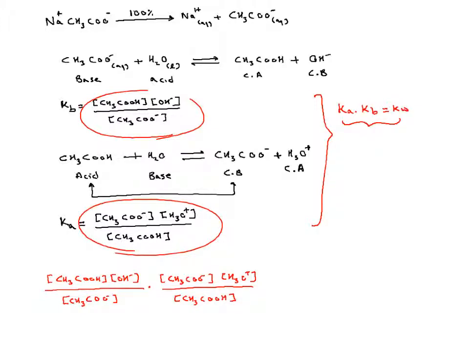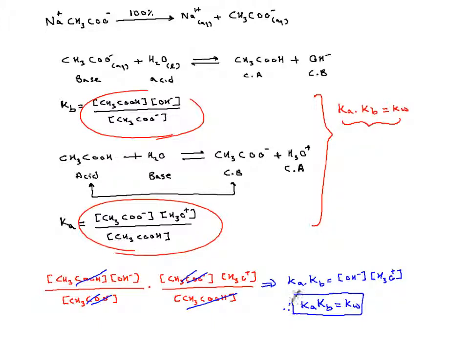Like terms cancel each other out. The leftover is our proof that Ka times Kb is nothing but hydroxide times hydronium. Therefore, the same conclusion as before: Ka times Kb is equal to Kw. So let's remember this relationship. If you are missing a variable, Ka, and you have Kb, by knowing Kw, which you already have memorized, you should bring the other one to life.